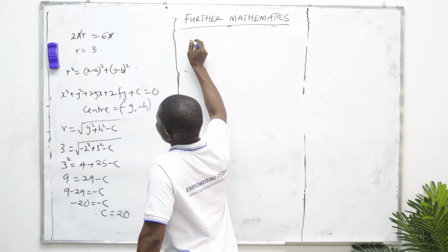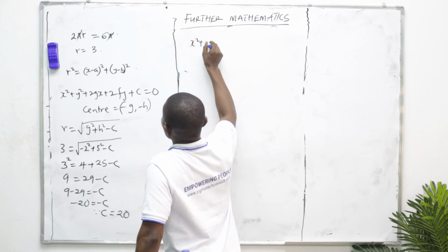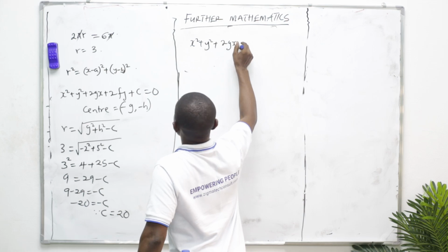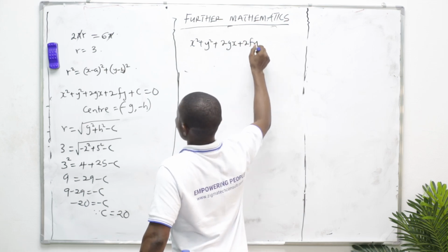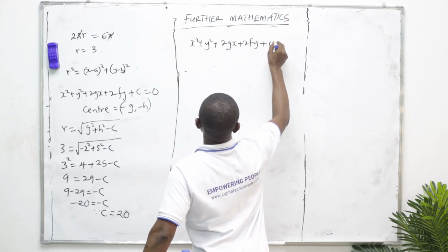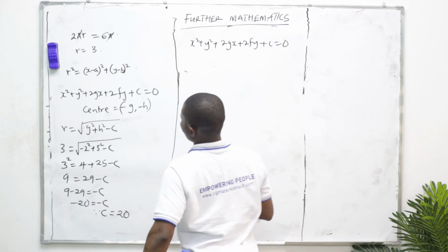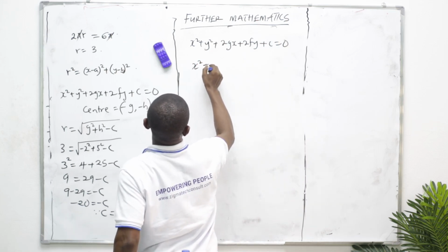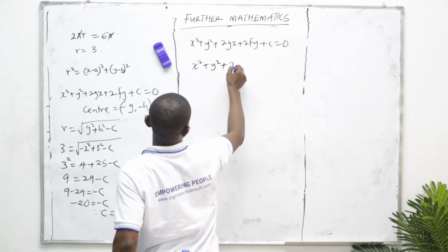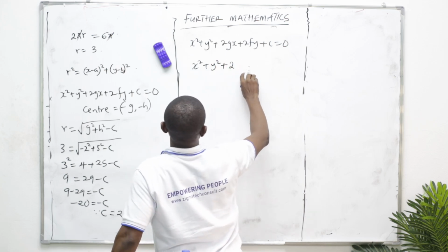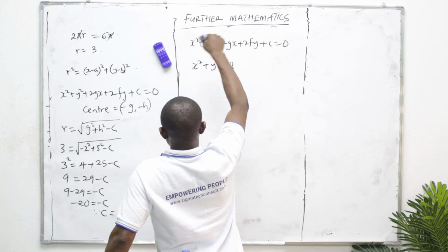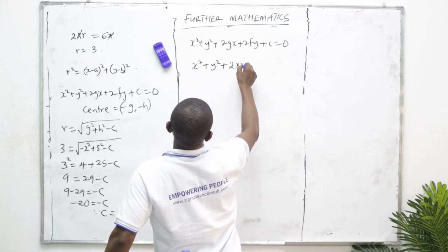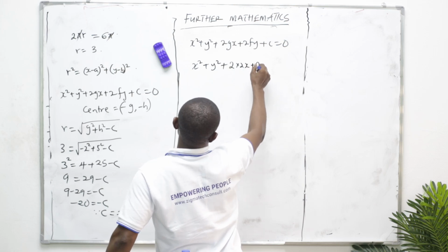Now we have c. Recall the original equation, x squared plus y squared plus 2g of x plus 2f of y plus c equals 0. We want to form the equation. That's x squared plus y squared plus 2, your g here is minus minus is plus, meaning times 2x, plus 2f.